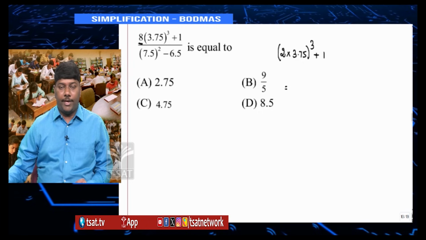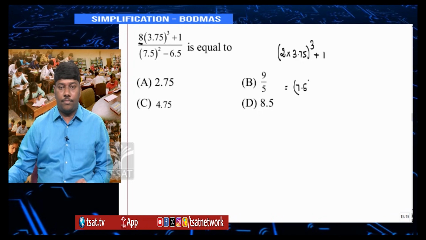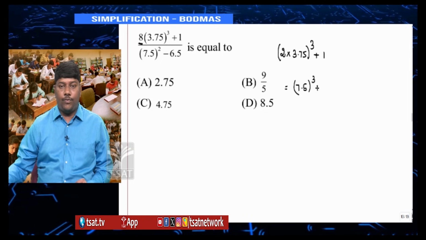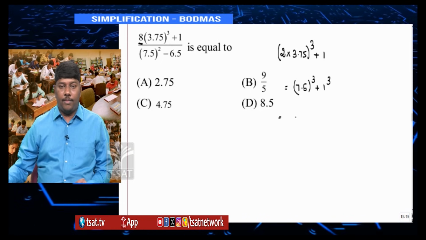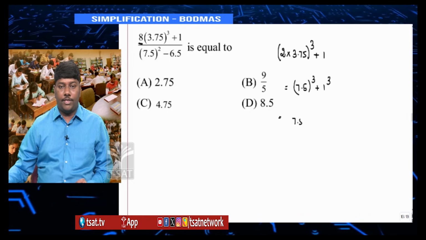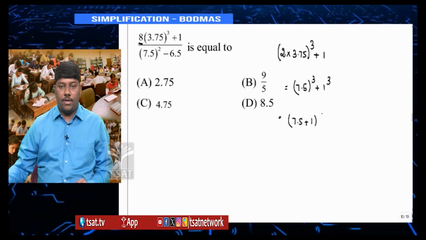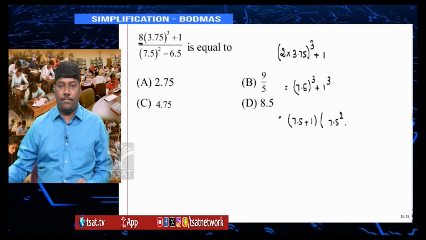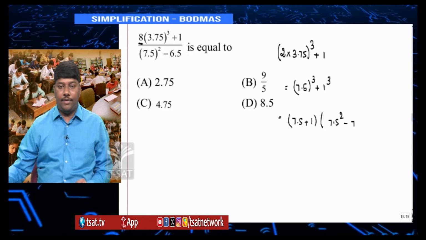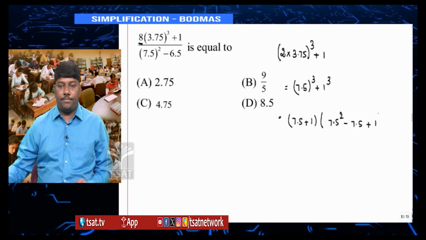First simplify the numerator, 7.5 whole cube plus you write it as 1 cube. A cube plus b cube formula: 7.5 plus 1, then a square, that is 7.5 square, minus ab, that is 7.5 into 1, plus b square, that is 1.